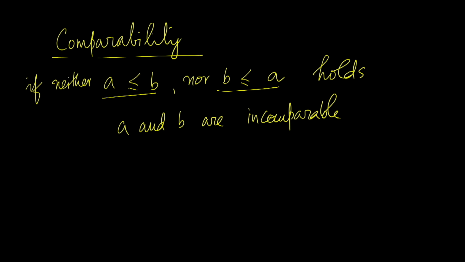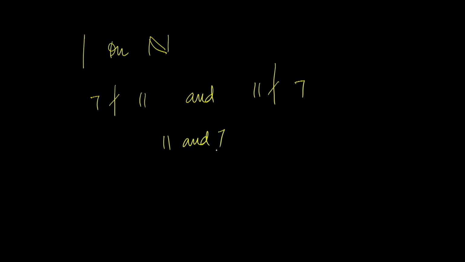Of course, you will not find such a pair when you consider the less than or equal to relation on natural numbers. But in some other cases you would be able to find incomparable pairs. For example, consider the divisibility relation on natural numbers. We find that 7 does not divide 11 and 11 does not divide 7, which means 11 and 7 are incomparable.